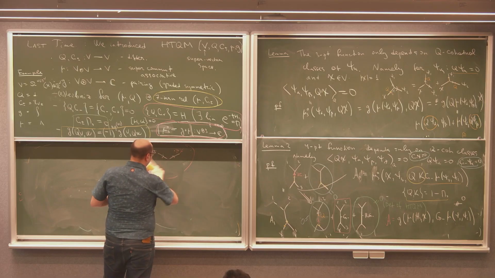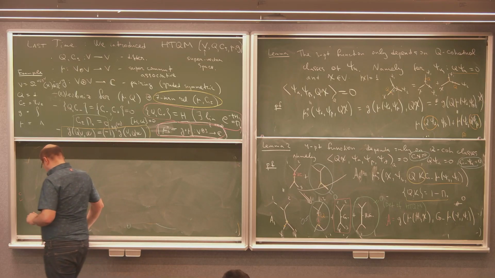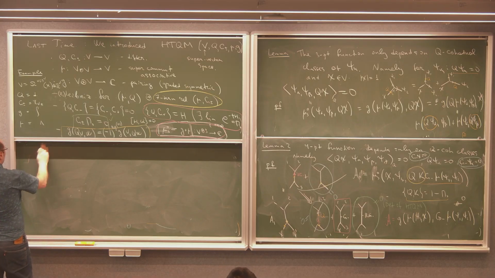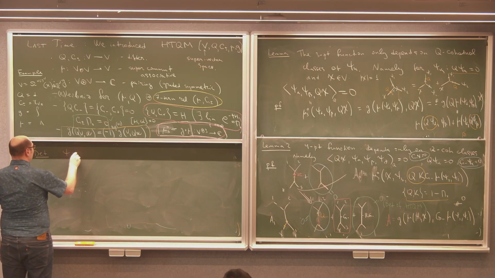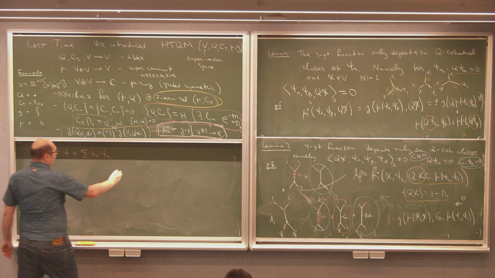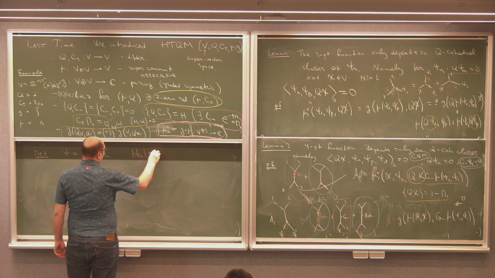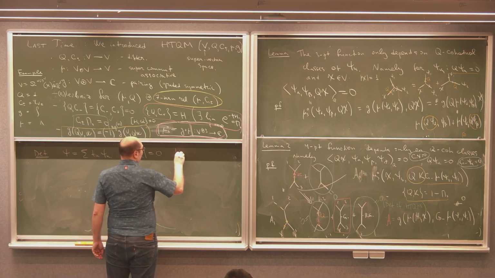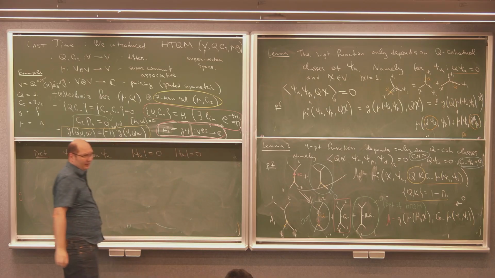To formulate this property, let us define a generating function for correlation functions. So let us define universal state psi, which is the sum over k of t_k psi_k. Here we once again will assume that all states psi have parity 0. So therefore these t_k are just ordinary commuting formal variables.